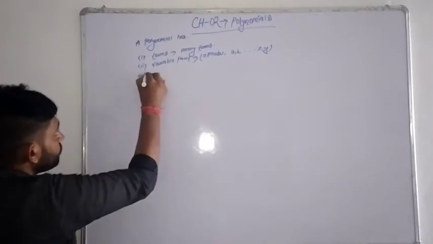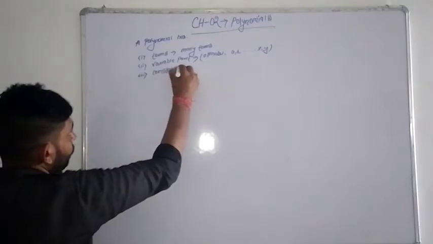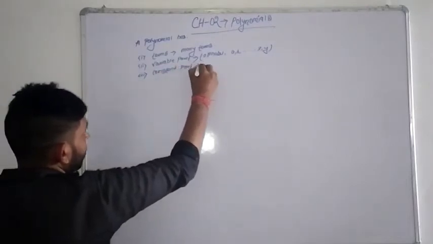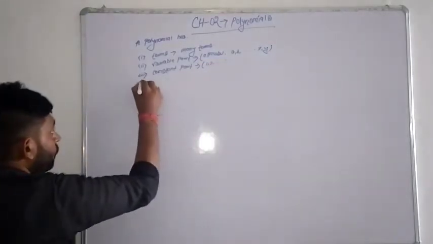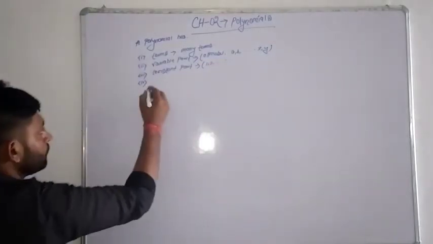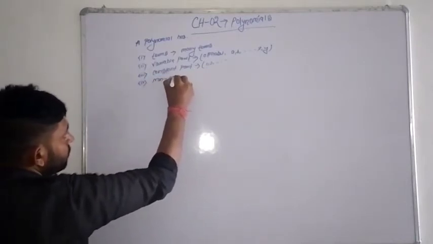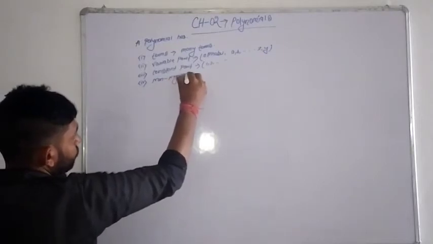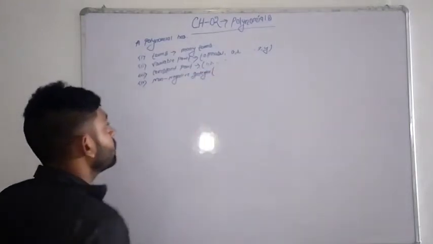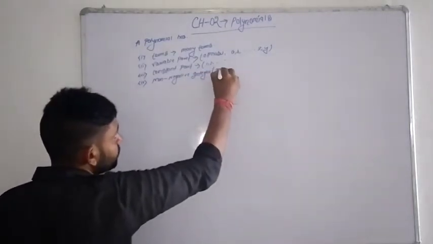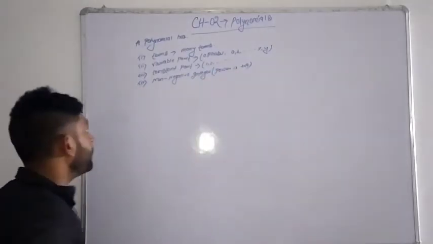Number three, constant part, that means 1, 2, and so on. Number four, non-negative integer exponents, that means the power or exponent is positive, not negative.